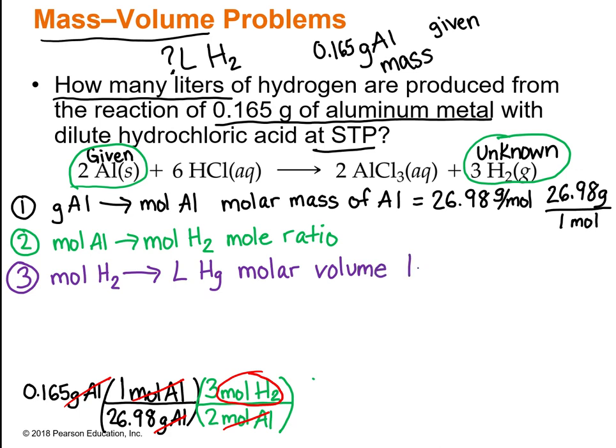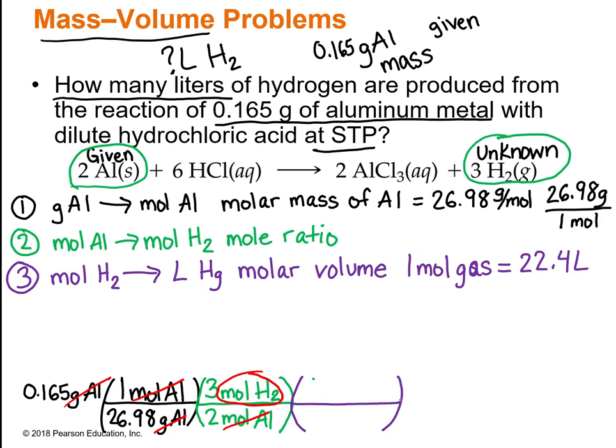And again, that's 1 mole of gas has a volume of 22.4 liters at STP. We need to write that as a unit factor.